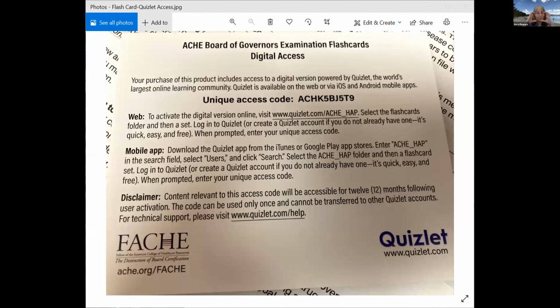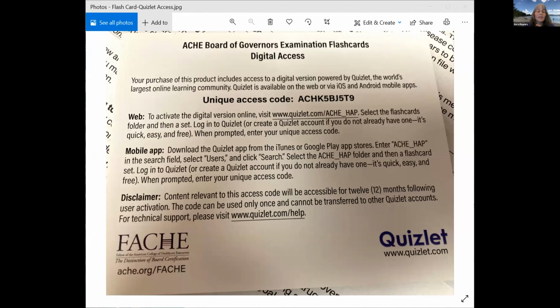Answering a question about Quizlet, how to get Quizlet: you purchase the flashcards through ACHE. You can find the links on the materials we presented or on the ACHE site. And then within the actual physical box of flashcards, oh, there it is. Thank you, Sachin.